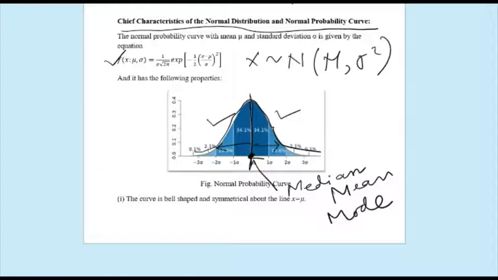If you see this point, just immediately above this point, this is the peak point of the curve. This is the mode because the maximum probability or frequency lies exactly above this point. The mean, median, mode of the normal distribution coincides. That means they are the same.